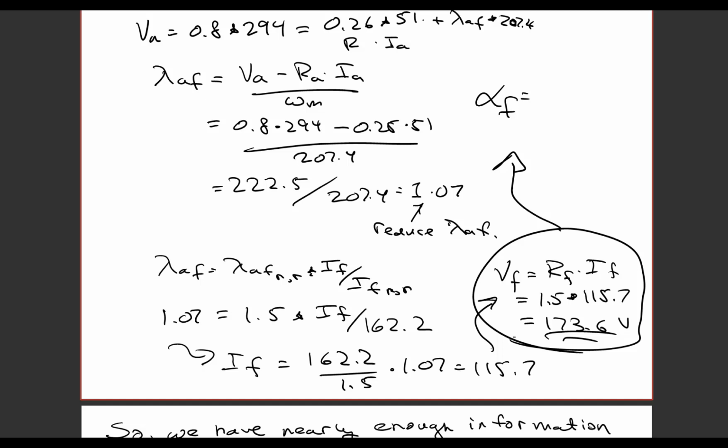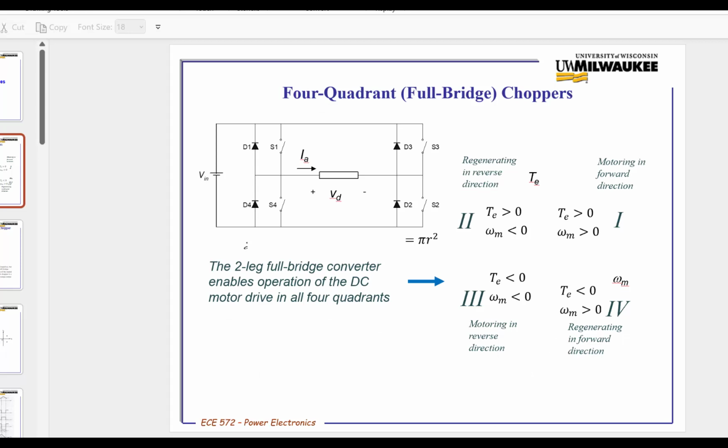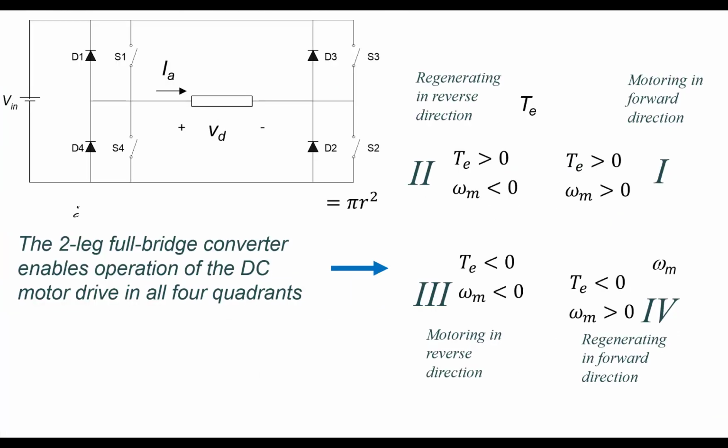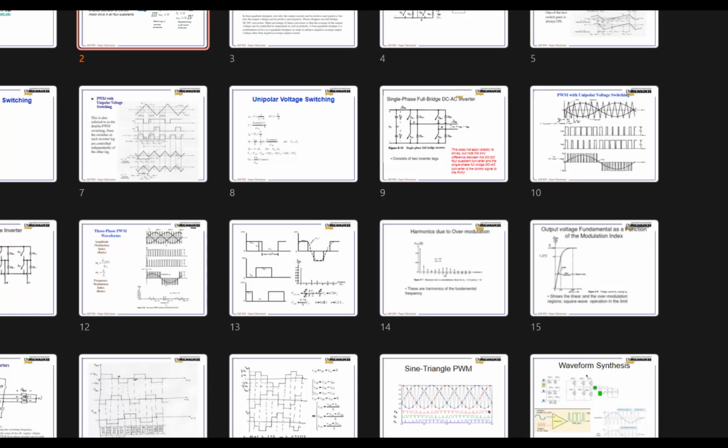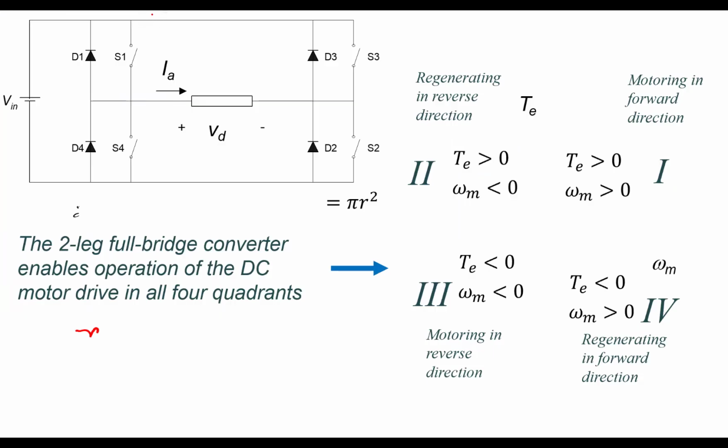Okay. So we're going to talk about a 4-quadrant operation of the motor drive. And I got a chance here to make a correction to something that I said in class.